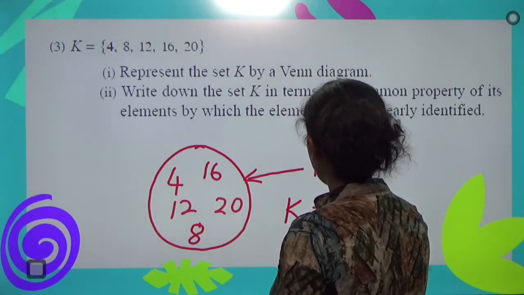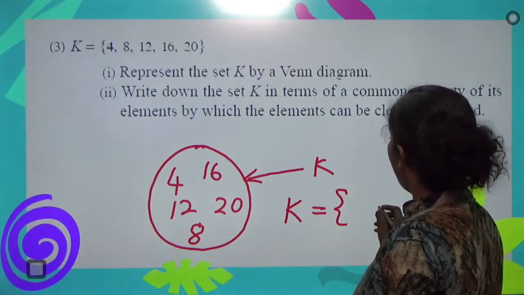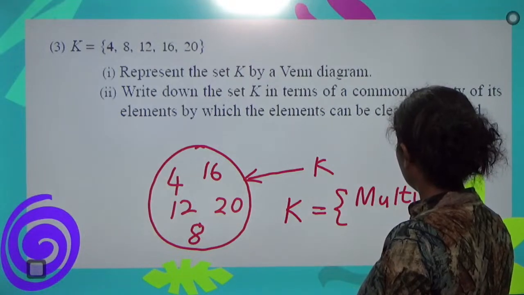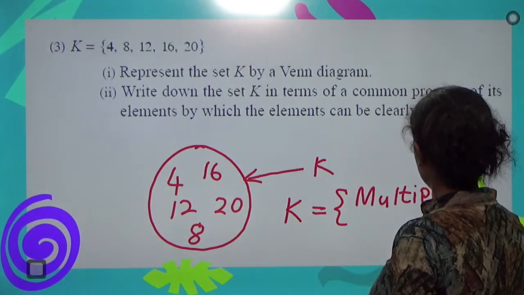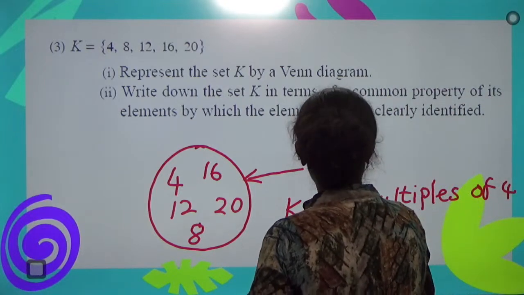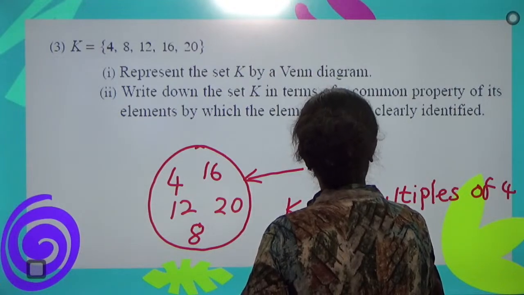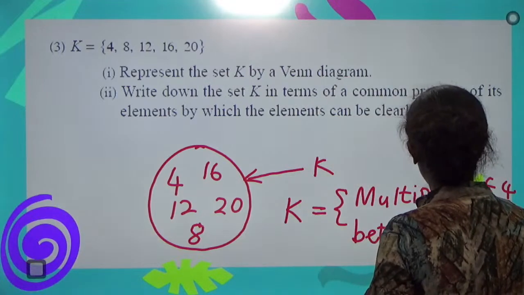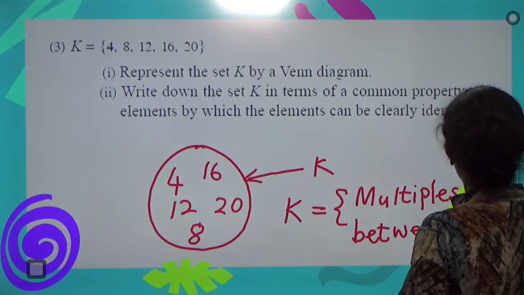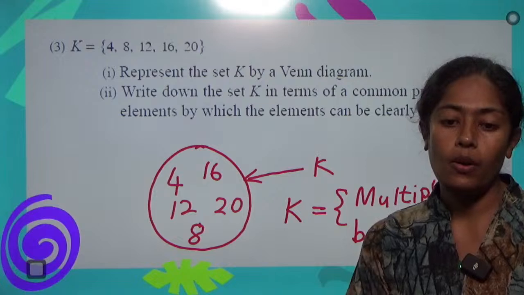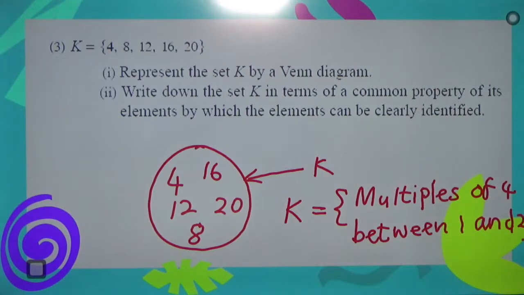Within curly brackets you can write multiples of 4 between 1 and 21, or you can write multiples of 4 between 1 and 22.